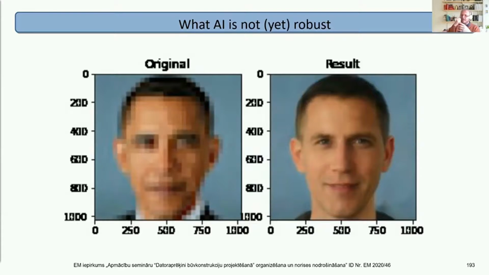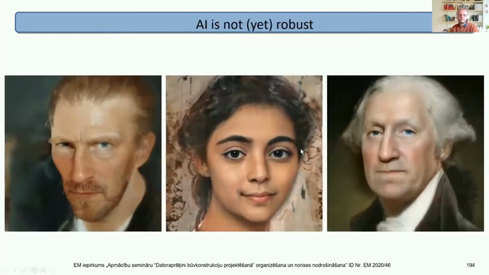So if this is a neural network for generating pictures from fuzzy images, if you train it only on pictures of white Europeans, then you might recognize this former president of the United States on the left. Train it only on pictures of white faces, it'll give you a white face at the end. Bias in the training data gives you bad results.